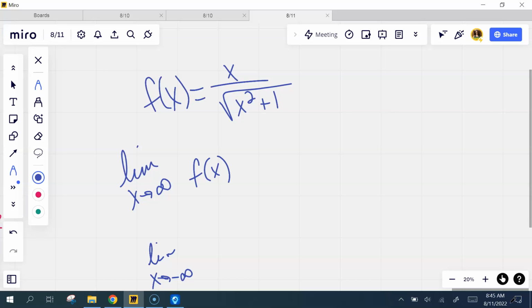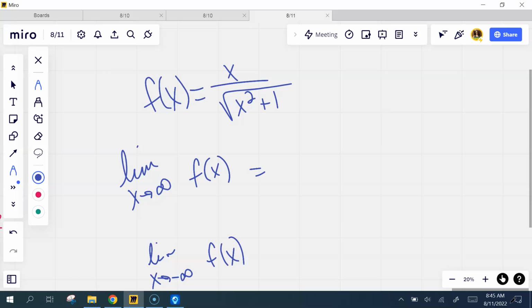I'll do the first one with you, and then I'll let you see what you get for the second one. So let's think about, I know I can't really plug it in, but let's think about maybe kind of plugging it in a little bit.